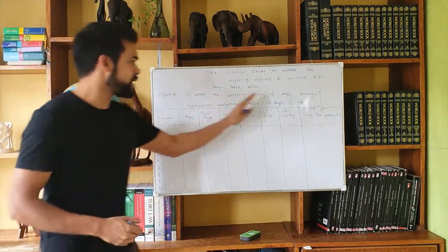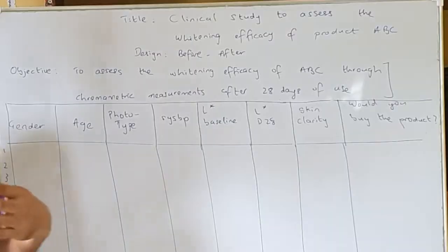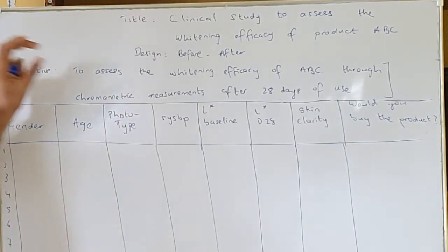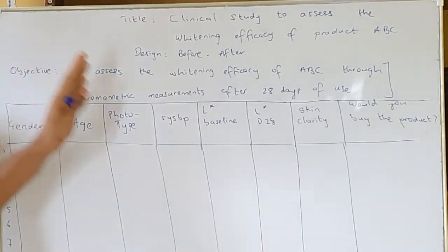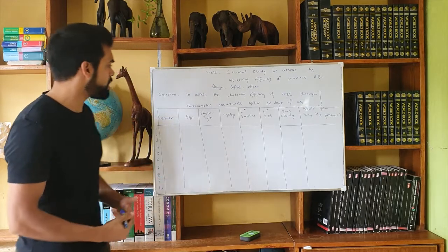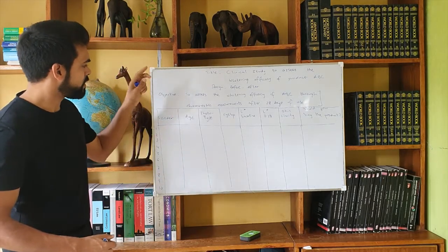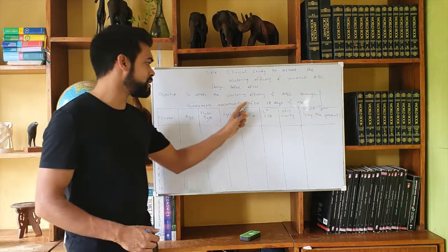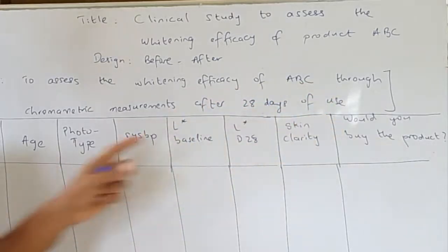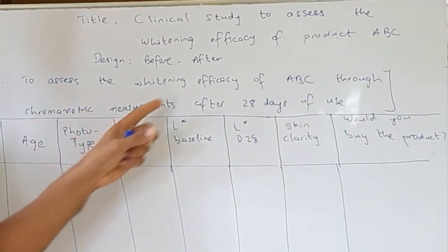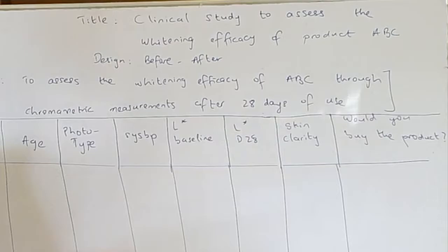Now, the objective, as I always tell you, is very important. You always write the objective correctly. So here, I try to formulate some ways of writing it by saying that the study is meant to assess the whitening efficacy of ABC through chronometric measurements after 28 days of use.